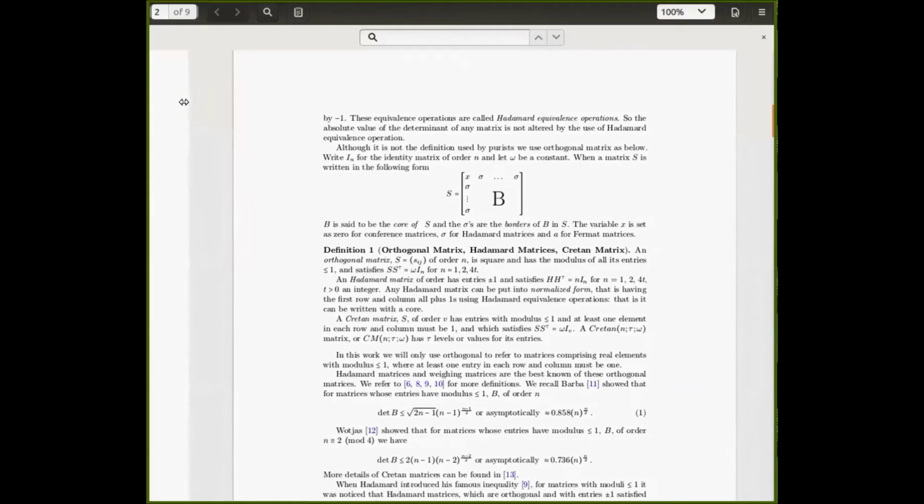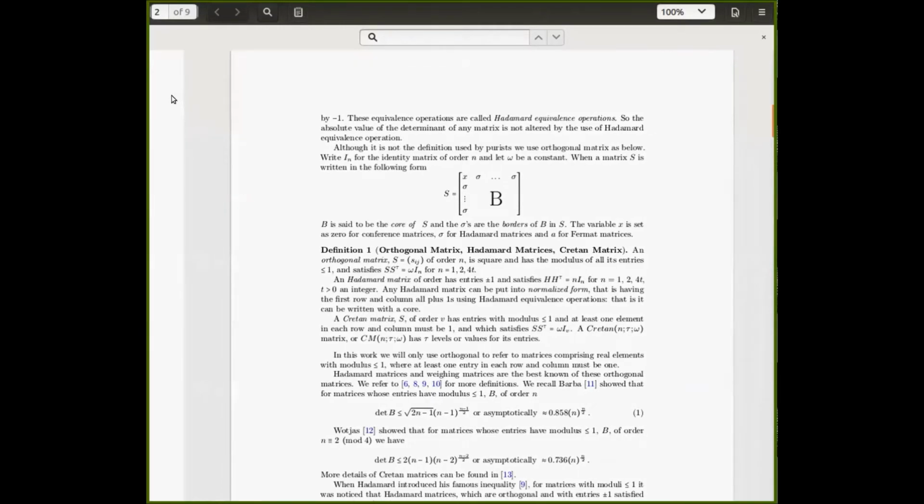So it's not terribly huge, but it's not terribly small either. Then Wojos showed that if you have orders congruent to 2 mod 4, then you get this bound. So we do know some bounds of these things, even though they don't have elements plus or minus 1.